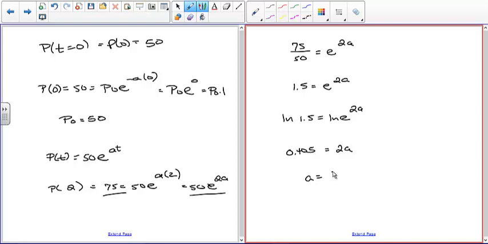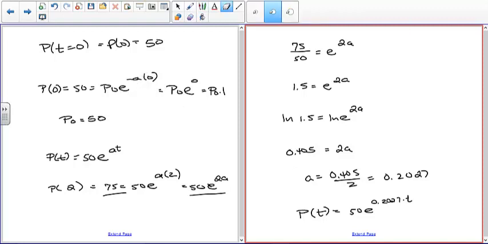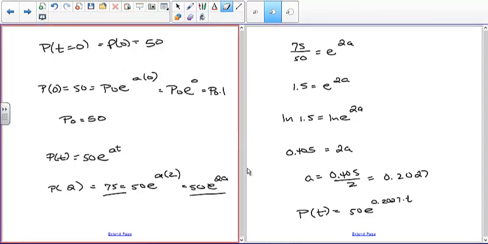So a is equal to 0.405 divided by 2, so we get 0.2027. So the function, given these 2 points, and assuming it has an exponential relationship, is going to be 50 e to the 0.2027 times t. So it's P0 e to the at. So that was, let me fix that because that's positive. Okay.